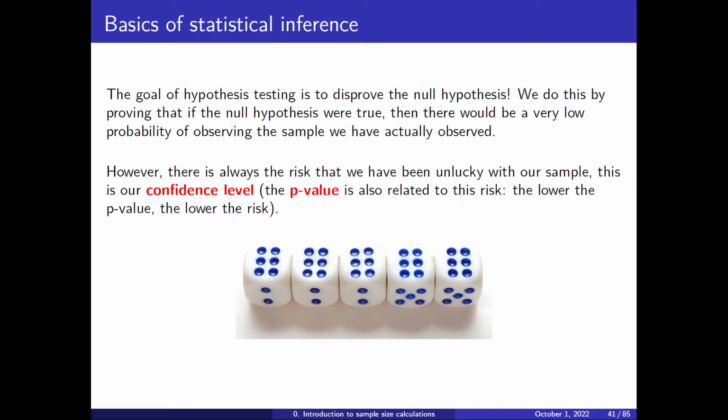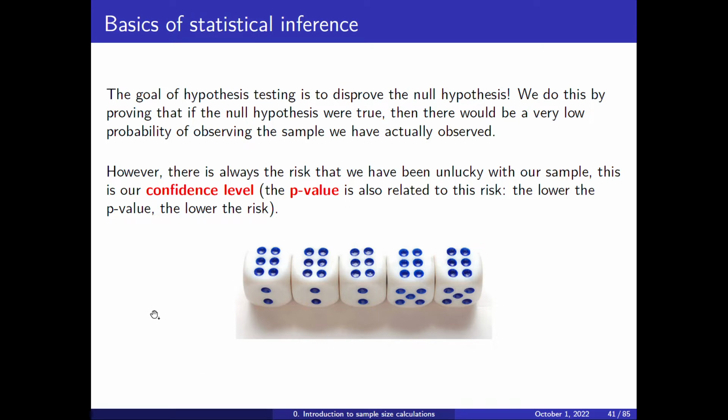That is why you put what you want to show into the alternative, because you cannot accept the null, but you can accept the alternative. You disprove the null hypothesis by showing that if it is true, then all this information that we have experimentally collected would be very weird.